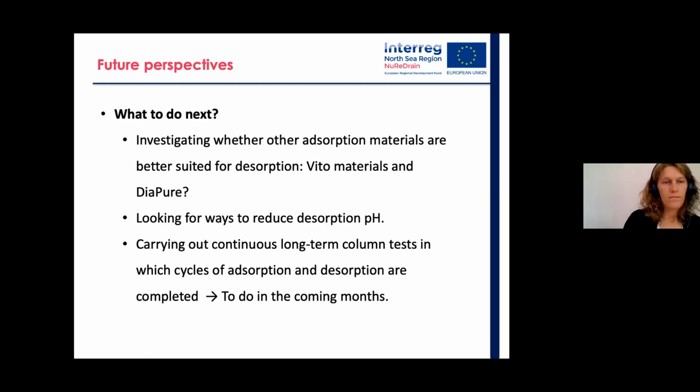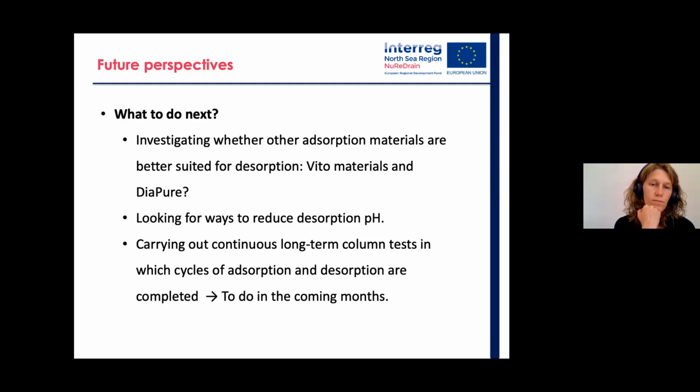In the future, what to do next? Yes, we will investigate whether other adsorption materials are better suited for desorption. We know already from batch experiments that the Vito material and Diapure will be better to desorb the phosphorus from the material.